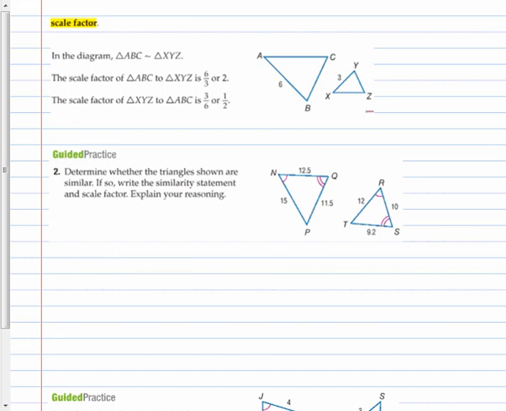Scale factor. The scale factor is the proportion or the ratio of the corresponding sides once it is reduced. So they say here that in the diagram, triangle ABC is similar to triangle XYZ. Have to keep the letters correct.